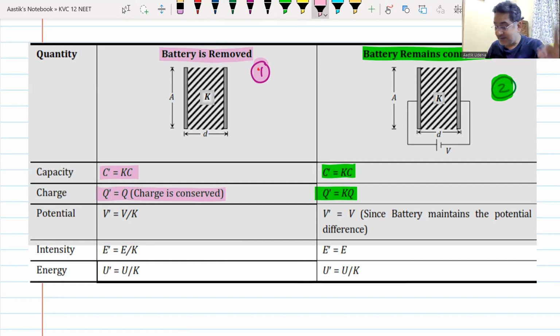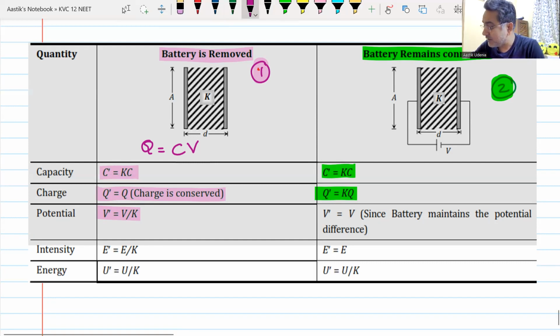Charge remains same, but something changes. Here the potential difference becomes 1 by K times. Remember, the only equation we know is Q = CV. In the first case, Q is remaining constant, potential becomes 1 by K times and capacitance becomes K times.